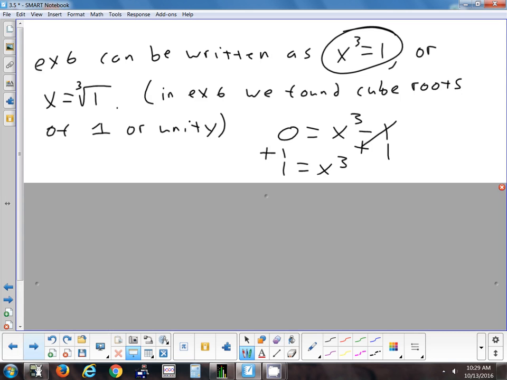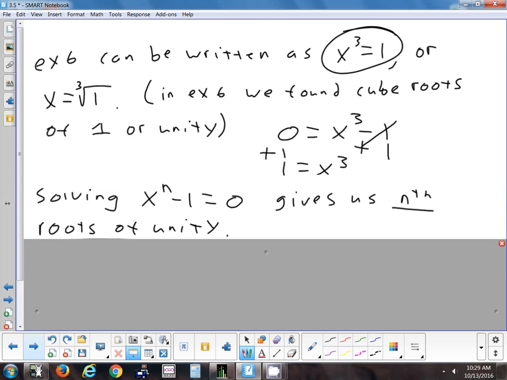So we can find square roots, cube roots, fourth roots. The higher root that you find, the more answers that you get. If you want to find the 12th roots of 1, you're going to get 12 answers. Some real, some imaginary. Imaginary is always occurring in pairs. If you wanted to find the 5th roots of 1, you're going to get 5 different answers.